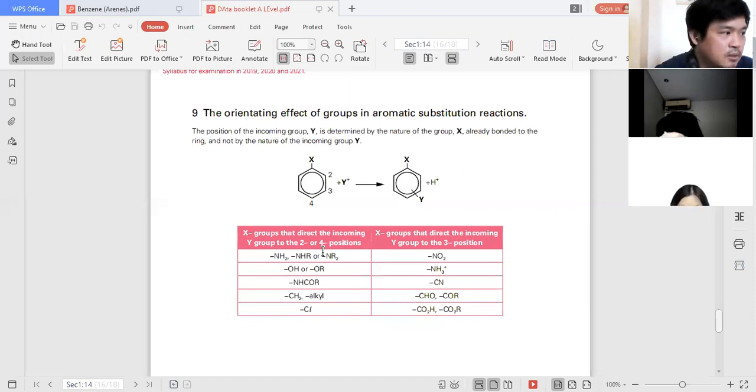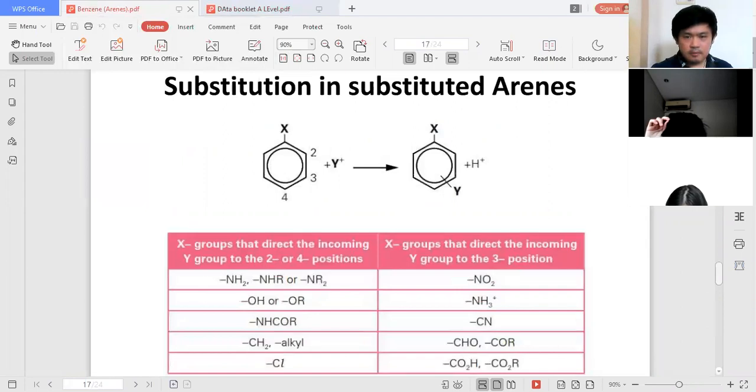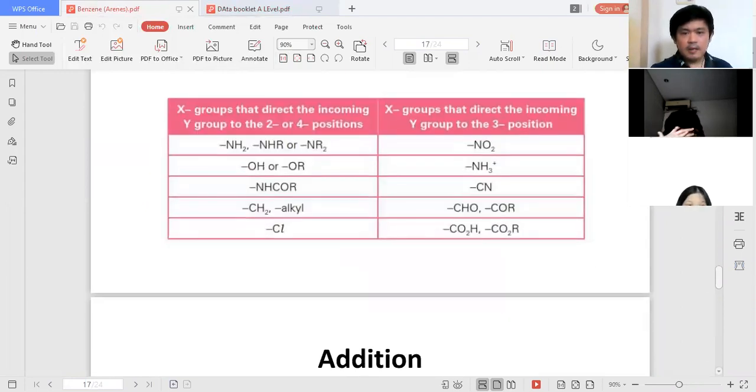Okay, so this is important for us because we do not memorize all these functional groups, since they are listed in the data booklet. We can refer to the data booklet. Okay, next.